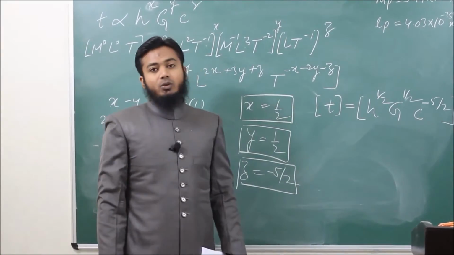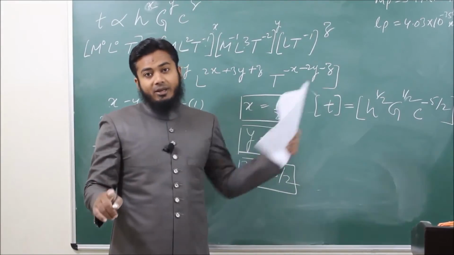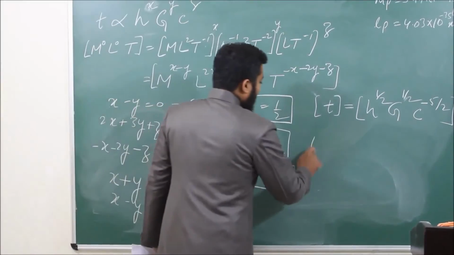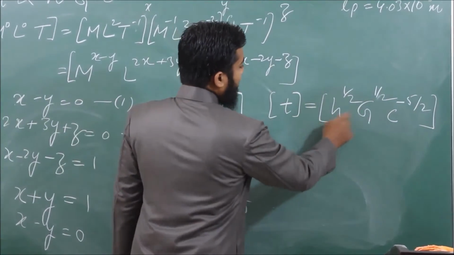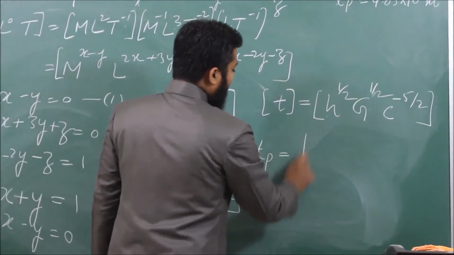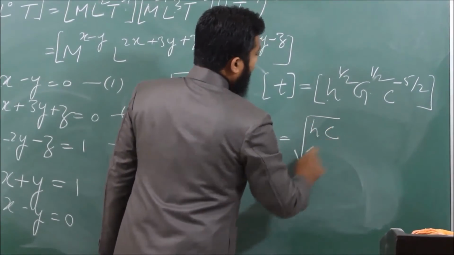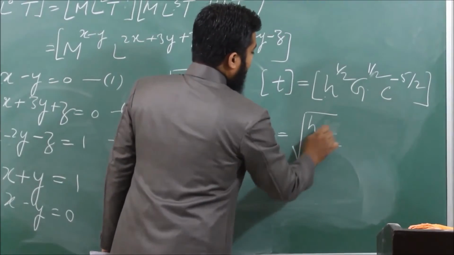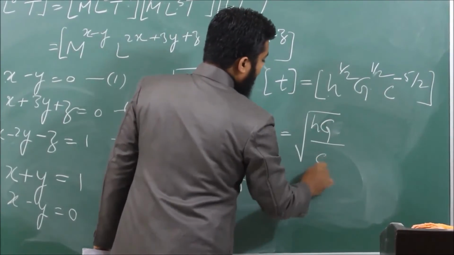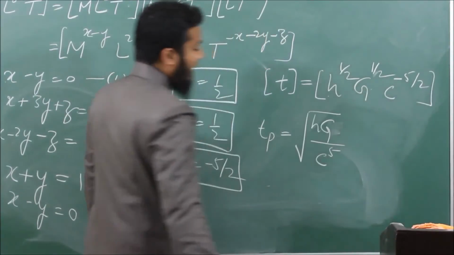And if you want to know 1 unit of time in that system, we call this Planck time. Since h and G both have power half, I can write it as hG, and c will be in the denominator, sorry, this is capital G. c will be in the denominator with power 5.